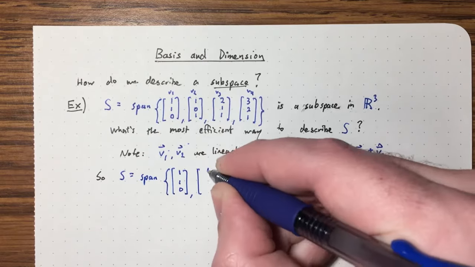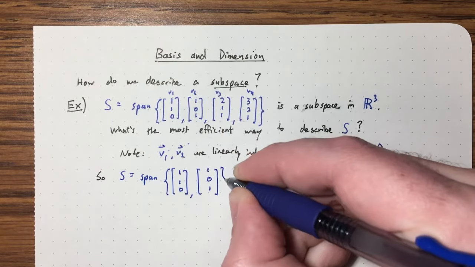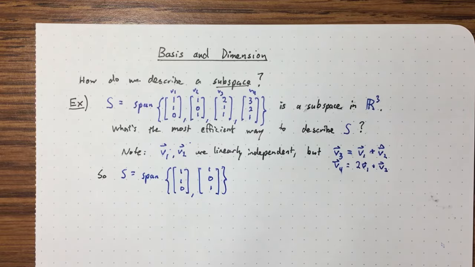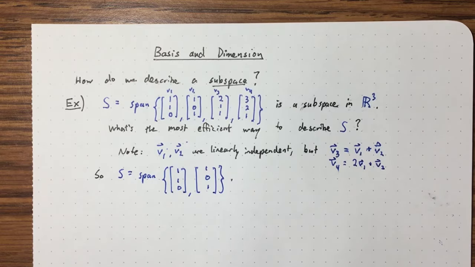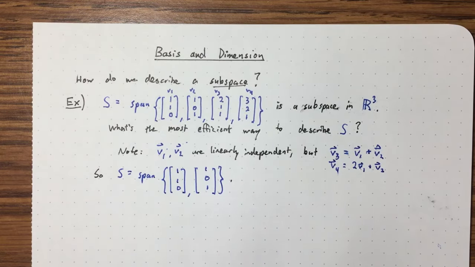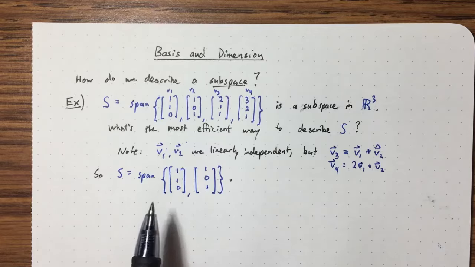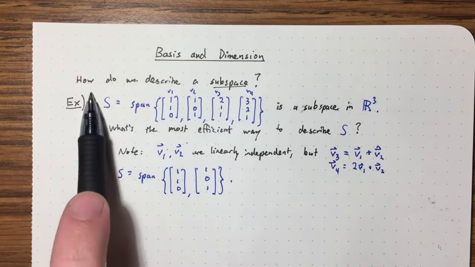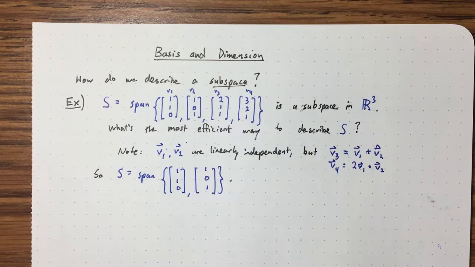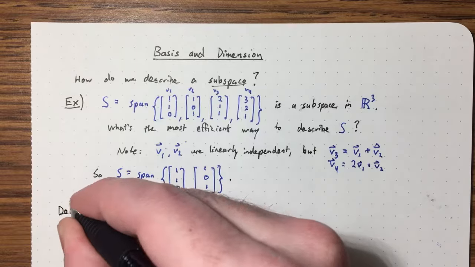So I can get rid of two of the vectors in this description. And so this is where the concept of a basis comes in. This is a set that is linearly independent, has no redundancies, and it spans this subspace S. That's how we're going to define a basis.